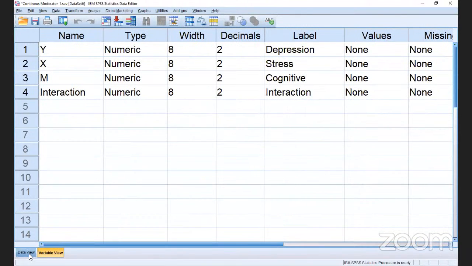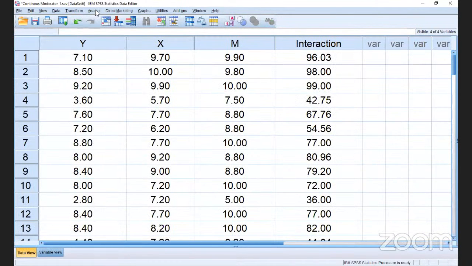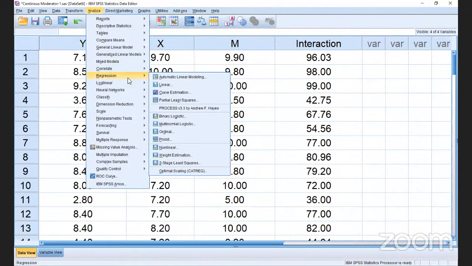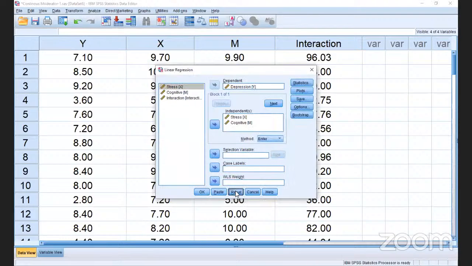So analyze, regression, linear, and reset all.